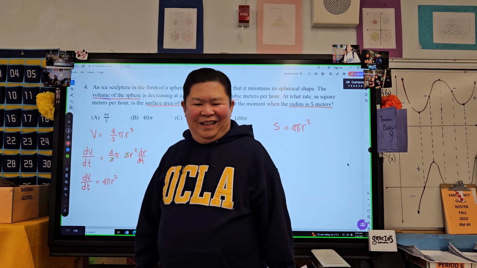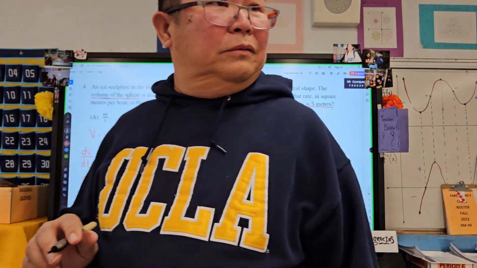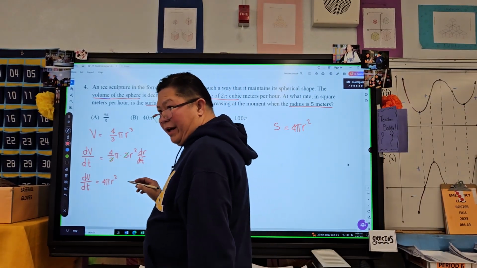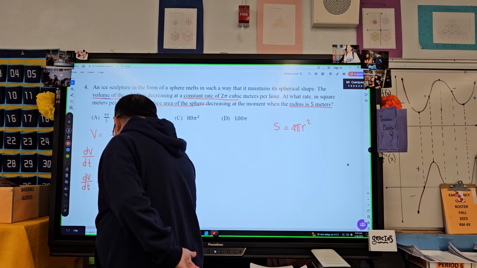So we have now 4 pi r squared dr dt, right? The rate, so dr dt.